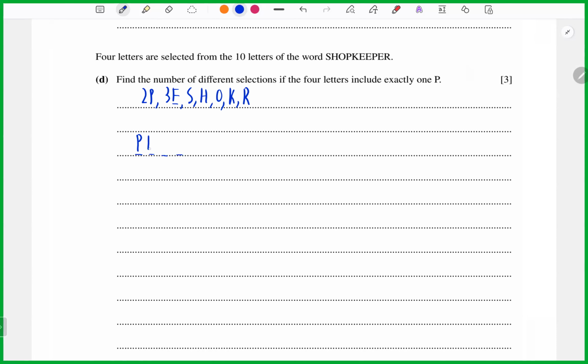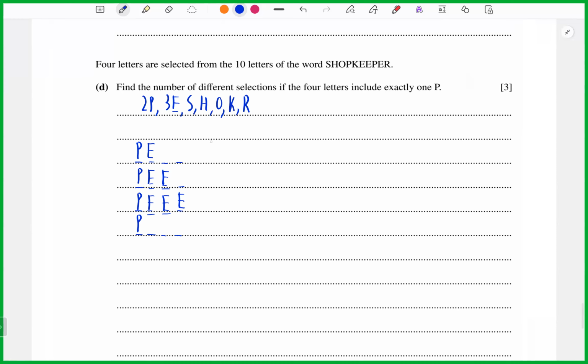Let's say 1P 1E, 1P 2E, 1P 3E, and 1P no E. Because the question didn't say you must have 1E or 2E or all the E's, so we can consider no E's also.